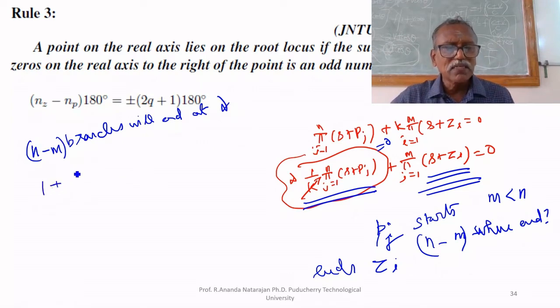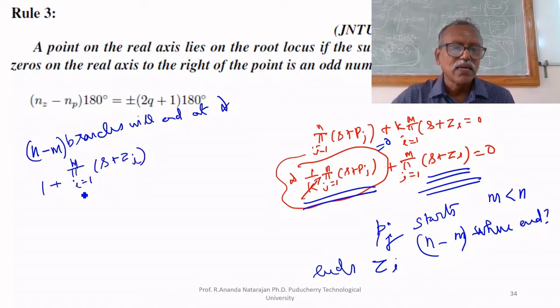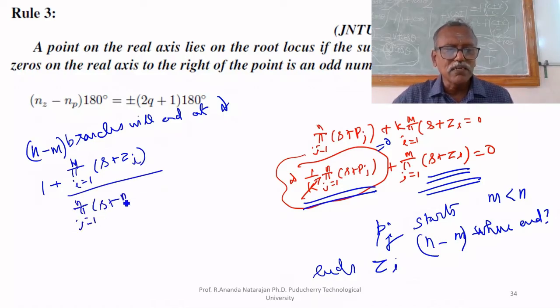1 plus product of i equal to 1 to m, s plus zi, divided by product of j equal to 1 to n, s plus pj, equal to 0.